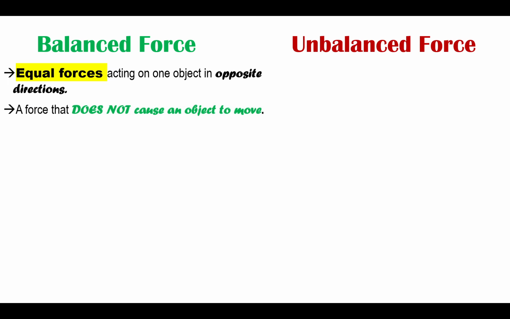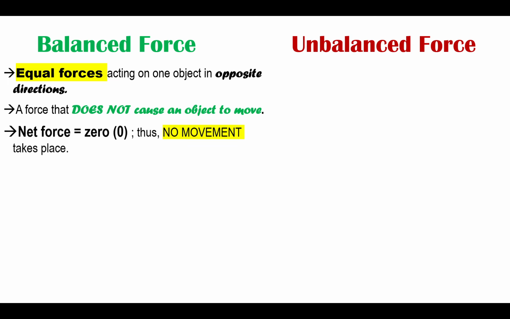This means that the object either stays still, another term for it is stationary, or it is not moving. Or, aside from that, the object continues moving at the same speed in the same direction. So that is an example of a balanced force.